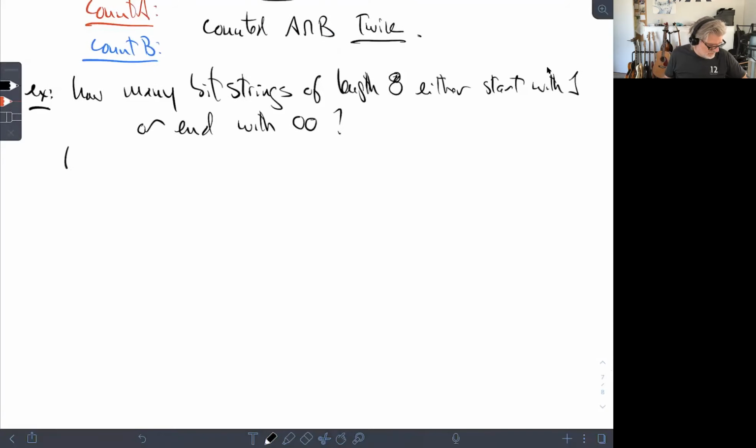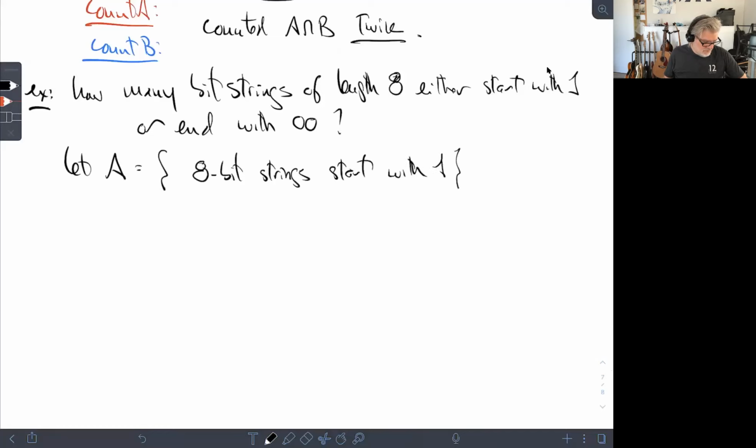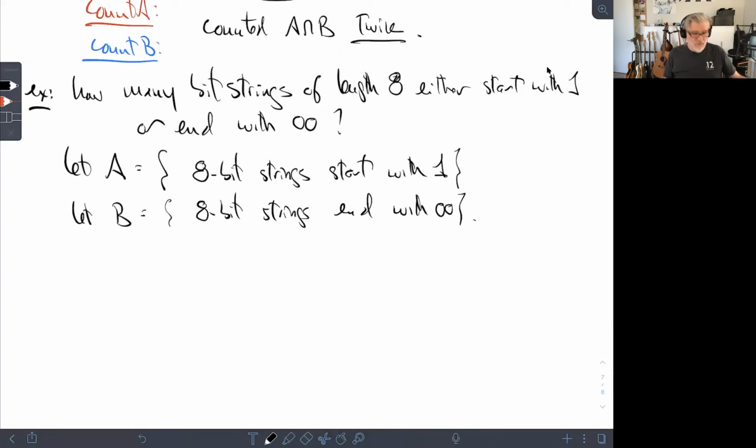Okay, so let A be the set of all 8-bit strings that start with 1, and let B be the 8-bit strings that end with 0, 0. Okay, so what do we want to count?